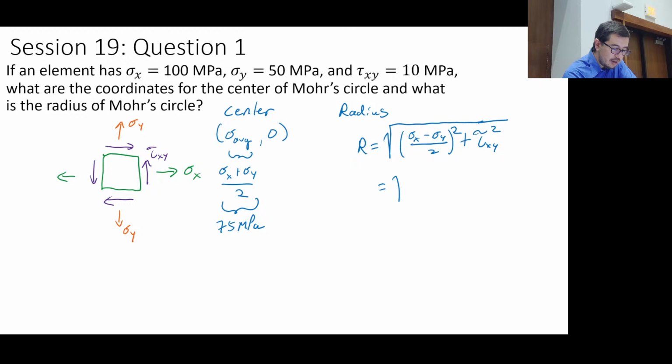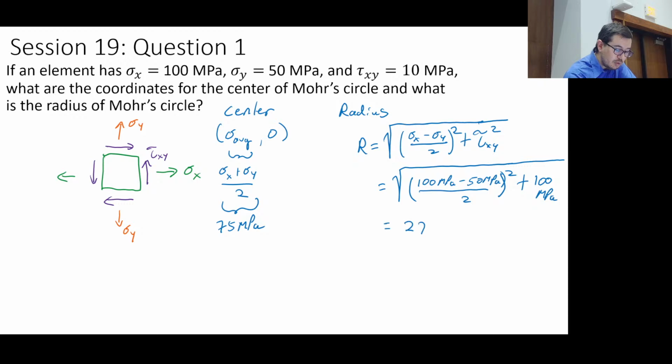It's going to be the square root of 100 megapascals minus 50 megapascals, over 2, squared, plus tau xy, which is 10, squared. This comes out to be a radius of 27 megapascals.